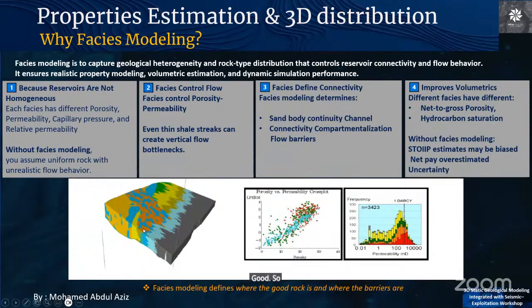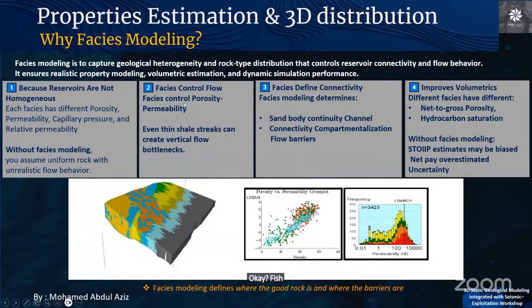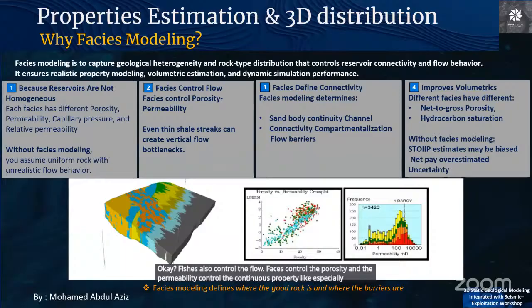So without facies modeling, you will assume a uniform rock with unrealistic flow behavior, and you will have a problem in flow simulation. Facies also control the flow. Facies control the porosity and the permeability, the continuous properties, especially porosity, and the permeability will be linked to porosity.